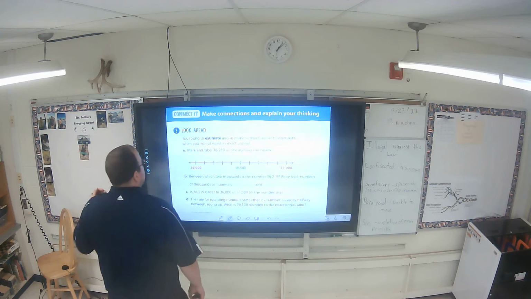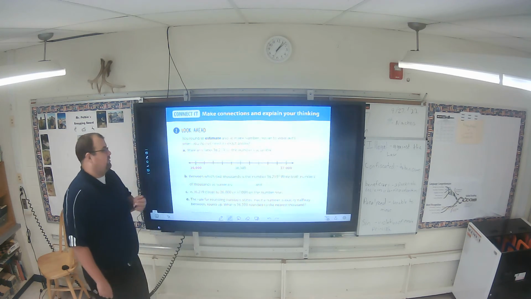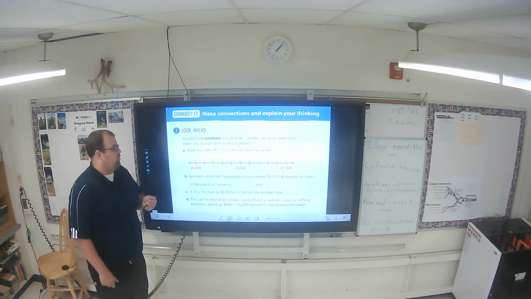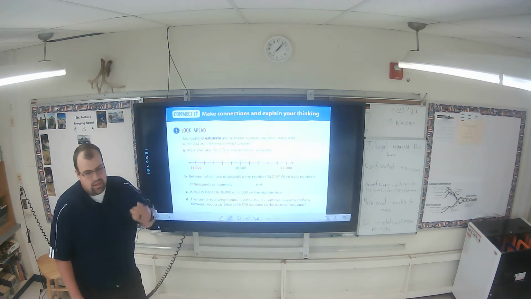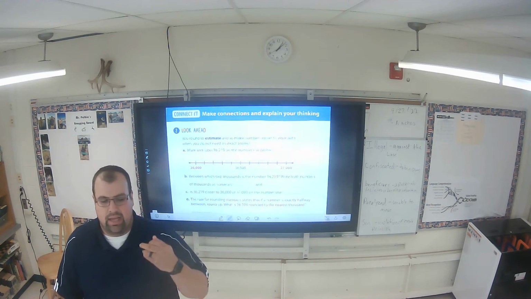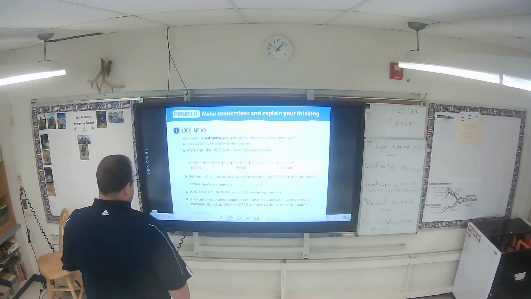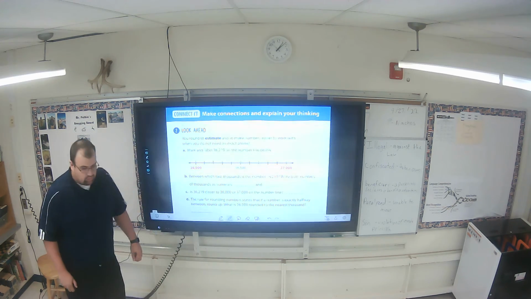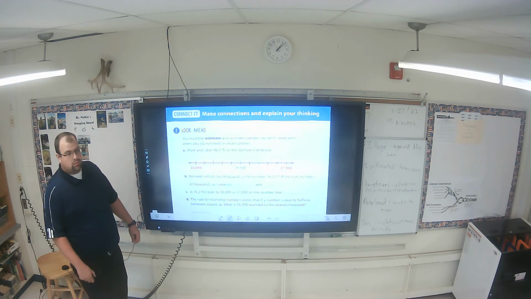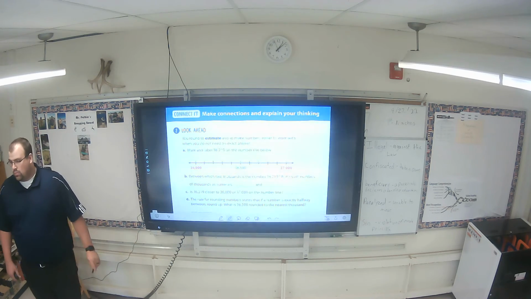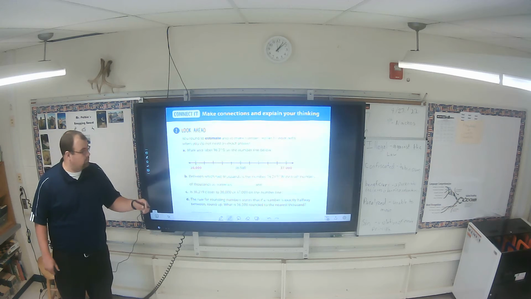So you use an estimation to make numbers easier to work with when you do not need an exact answer. You just need a roundabout answer, something that's close. So mark and label 36,219 on the number line below. Where is 36,219 on this number line? Aiden, why don't you come up here and mark it?